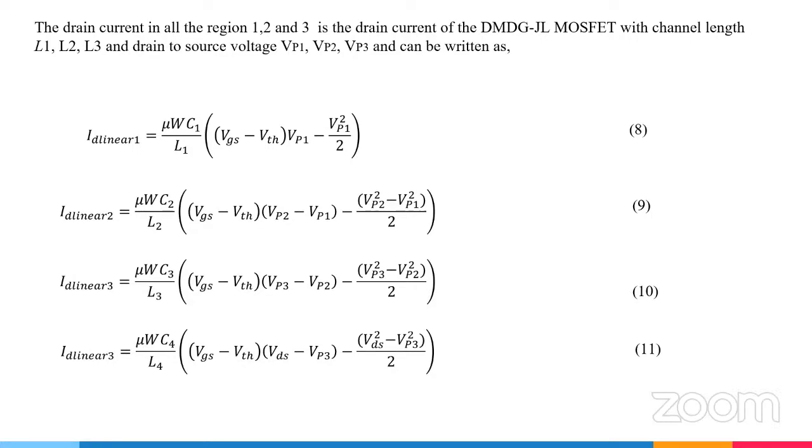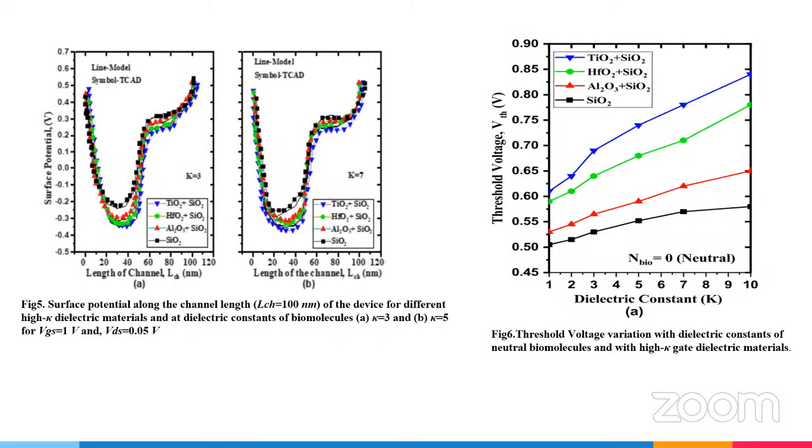By doing some mathematical organization and some MATLAB code, we are able to conjugate the ID sub and ID linear together to get a complete current profile of that biosensor. So these are the results that we found after the modeling and simulation process.